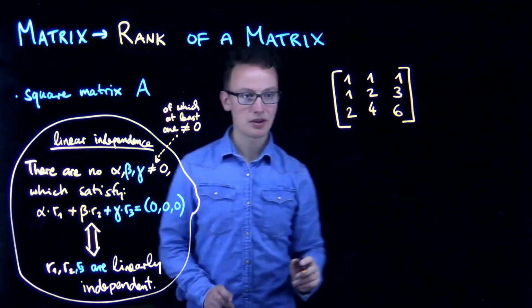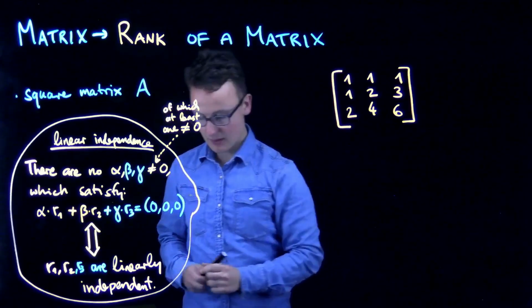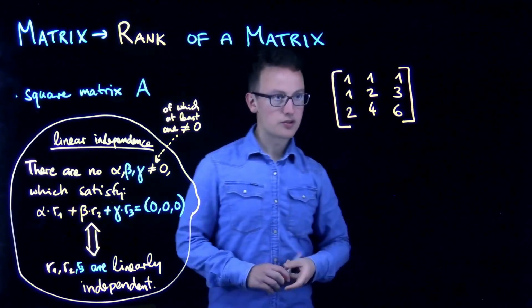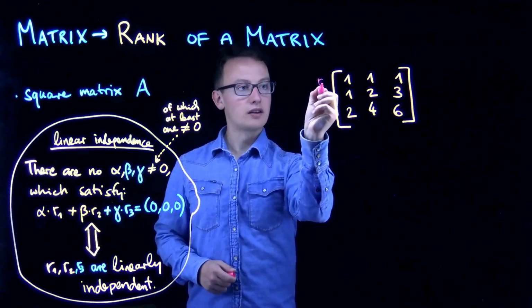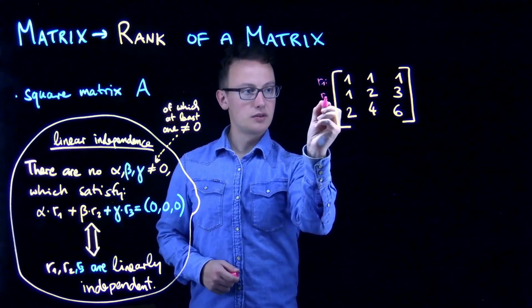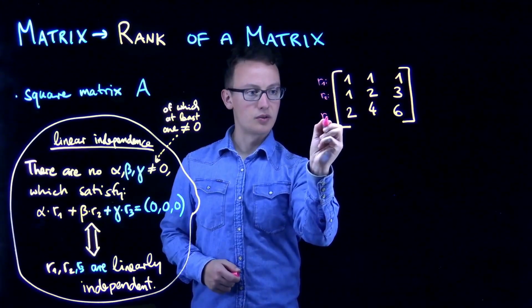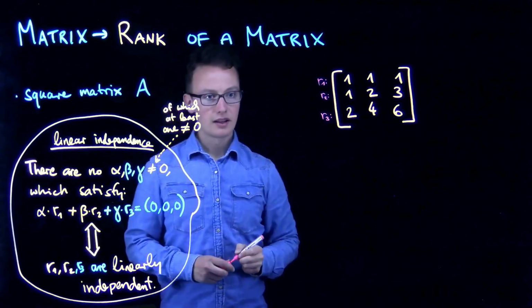It's a 3 by 3 matrix. And now let me also label those rows. So this is row 1, this is row 2, and this is row 3, right?